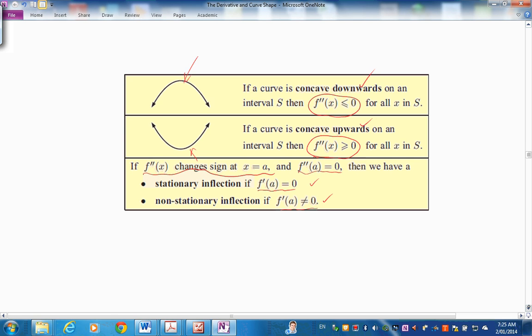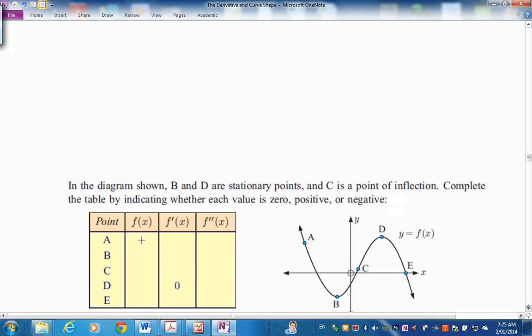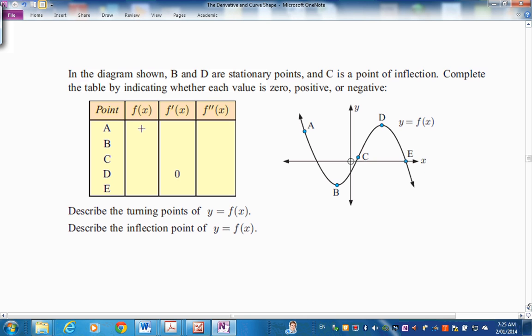All right, how are you going? Are you ready to do some? So let's do this one together. I want you to pause the presentation and try to answer this question, and then I'll come back and do it with you. So what we're doing is looking at various points, and the function, is it positive or negative?